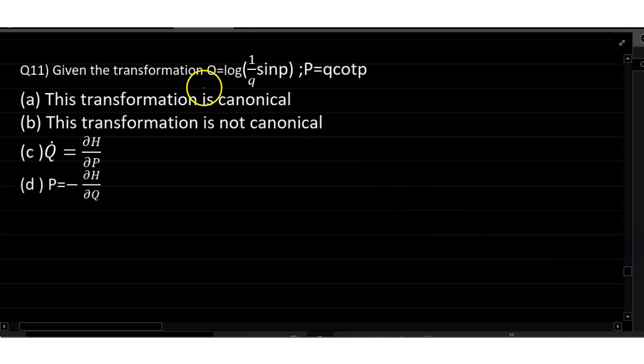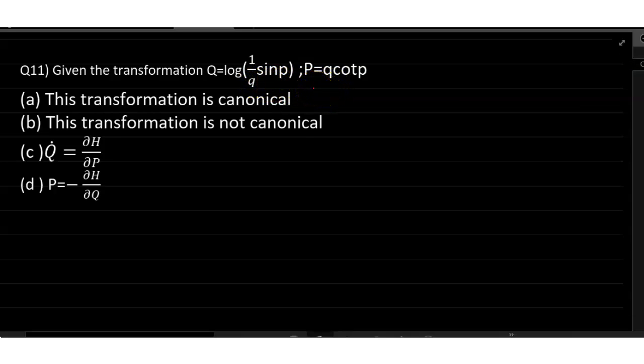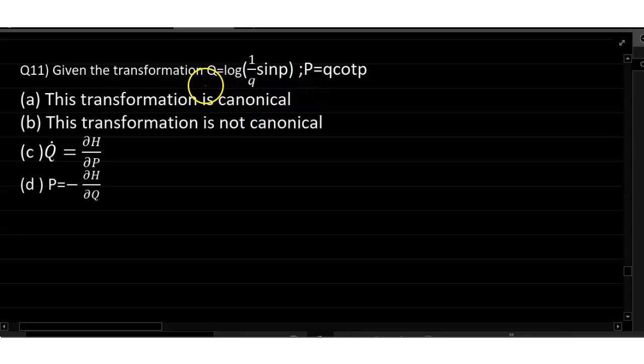Next, we will solve the given transformation: q is equal to log 1 by q sine p, p is equal to q cot p.